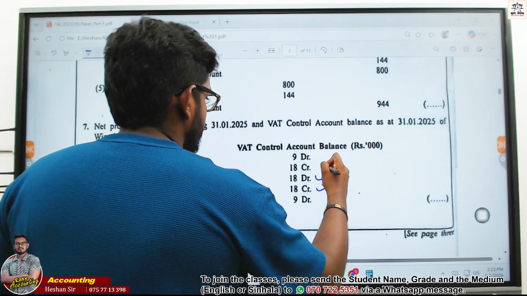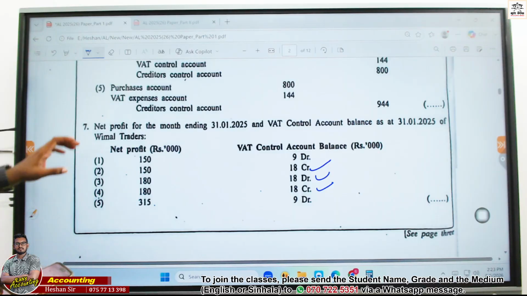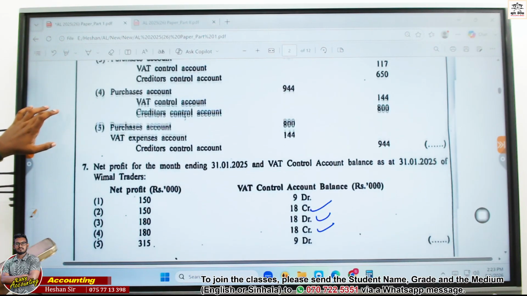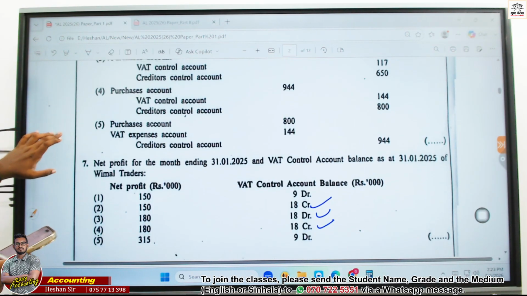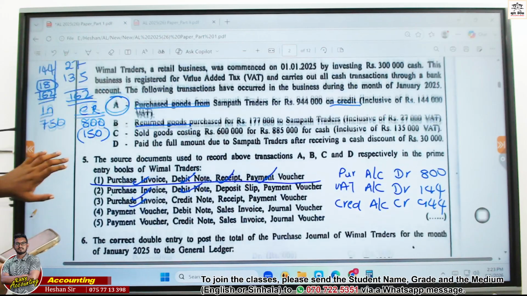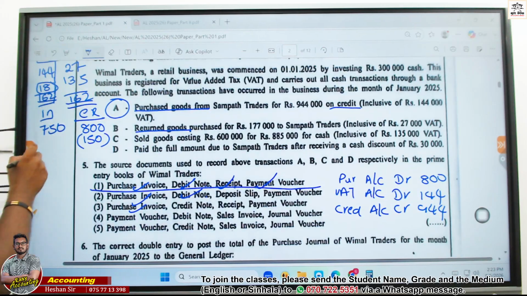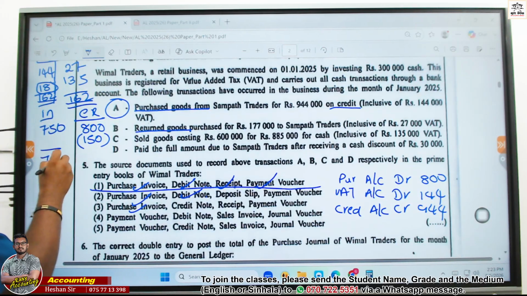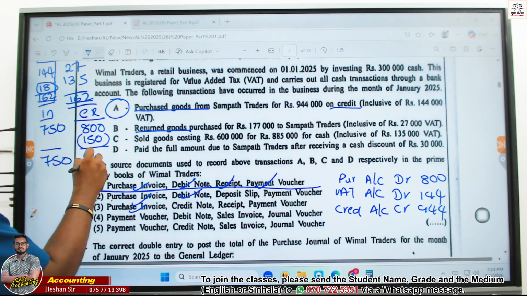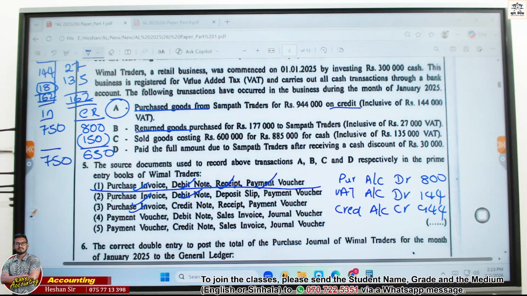Either of these three. Income and expenses. Let's see. In here, 750 minus 800 minus 150, that is 750 minus 650, that is 100.